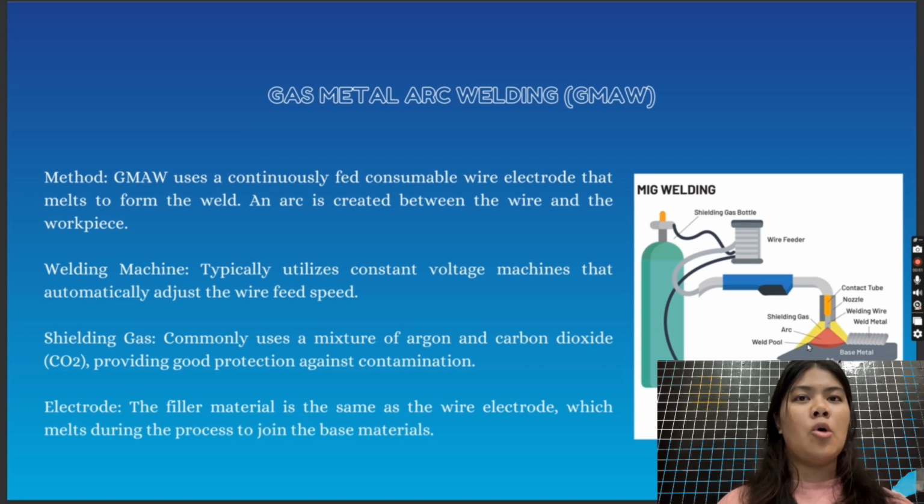GMAW commonly uses a mixture of argon and carbon dioxide, which provides good protection against contamination. Besides, the filler material is the same as the wire electrode, which is melted during the process to join the base material.